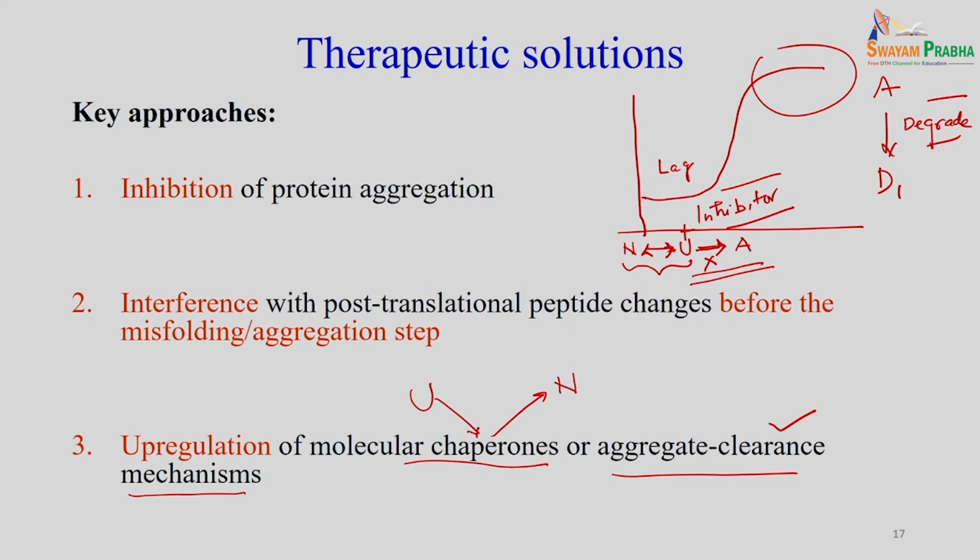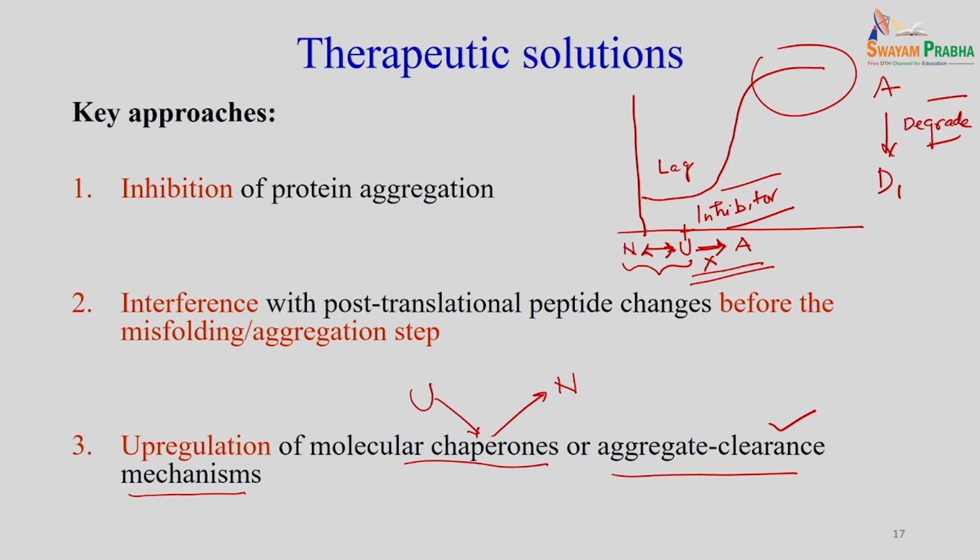Then we discussed the key approaches to how one can work on inhibiting the aggregation of a protein, because it is associated with various conformational diseases.